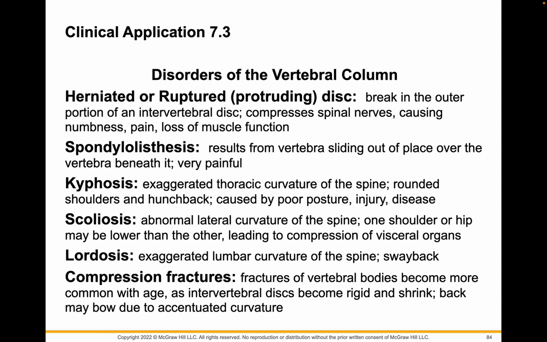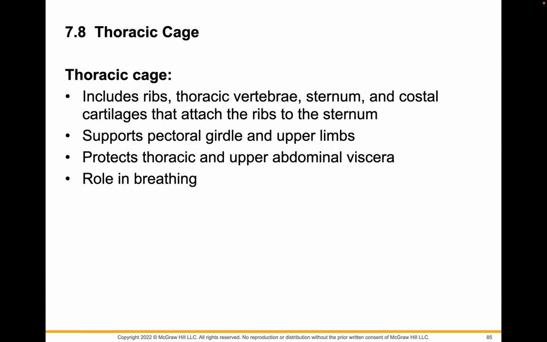Kyphosis, scoliosis, lordosis are all abnormal curvatures of the spine, and then compression fractures of your vertebral bodies do happen with age. As those discs become rigid and shrink, you can accidentally fracture a vertebrae.